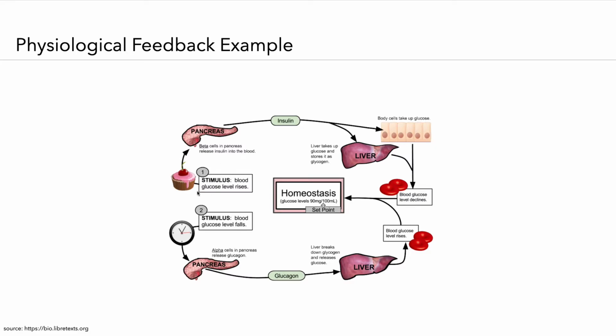So if you start to eat something, of course, your glucose levels will rise, and the pancreas is then releasing insulin to store the glucose in your liver or in any kind of body cells for later usage, because you want to have the blood sugar level kept constant.